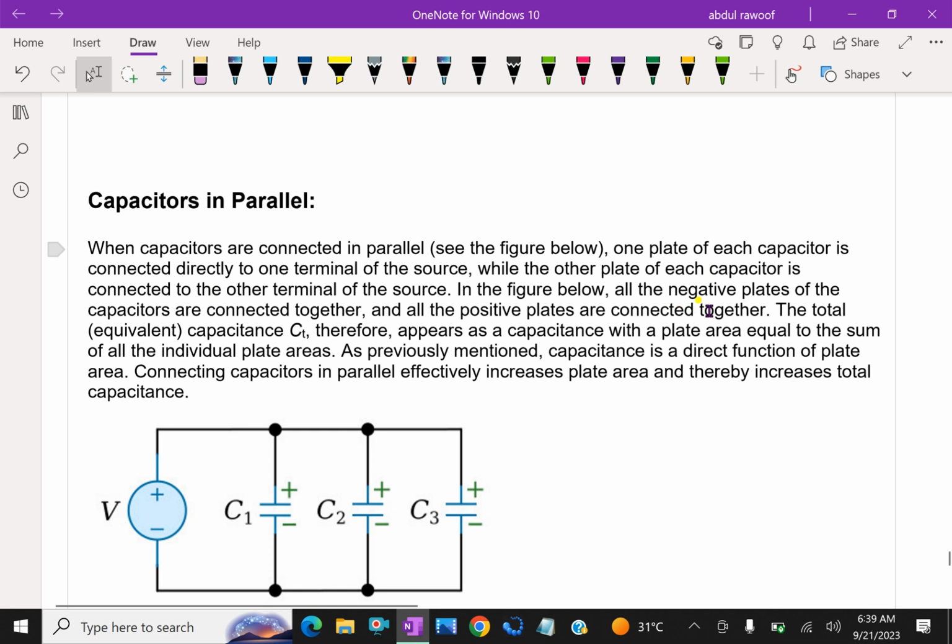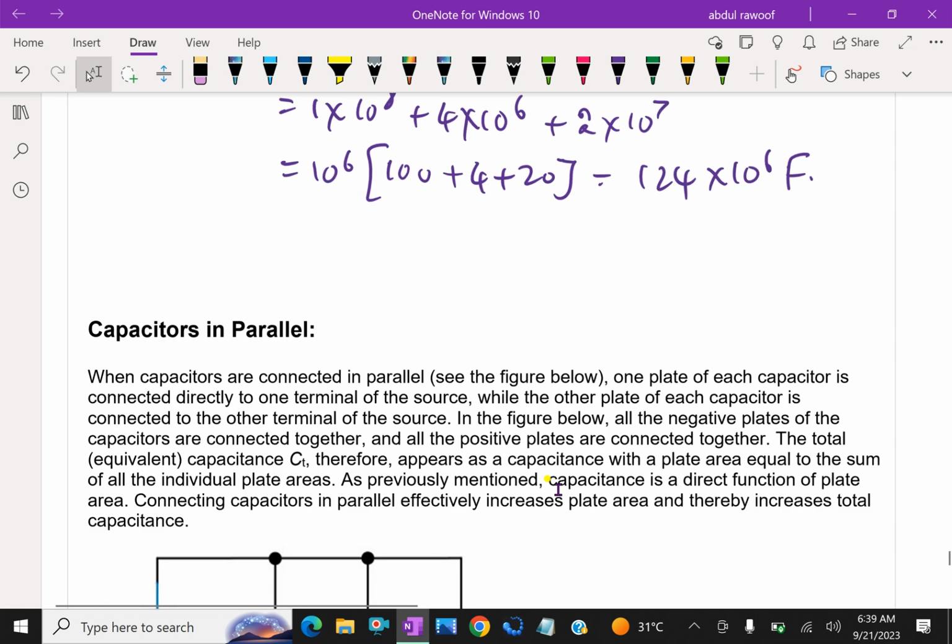In the figure below, all the negative plates of the capacitors are connected together and all the positive plates are connected together. The total equivalent capacitor CT therefore appears as a capacitance with the plate area equal to the sum of all the individual plate areas. That means the sum of all capacitance in parallel. That is, the equivalent capacitor is the sum of all individual capacitors.